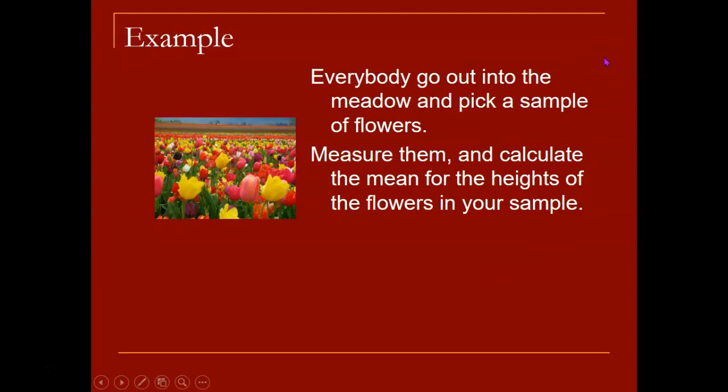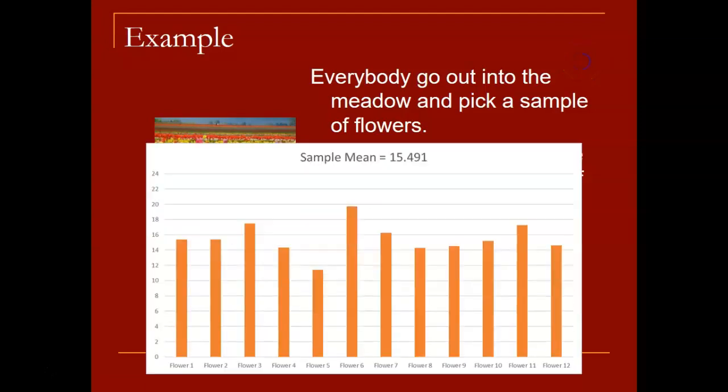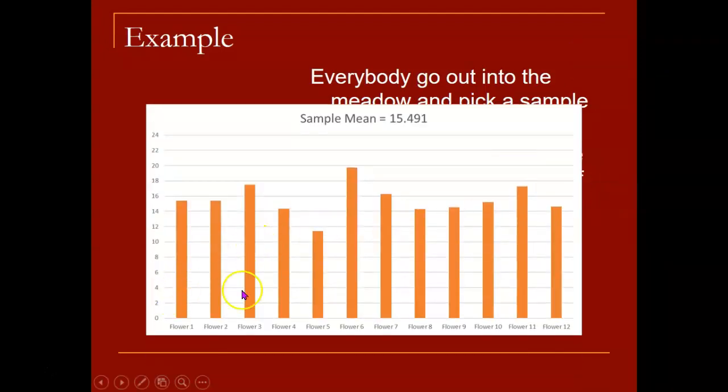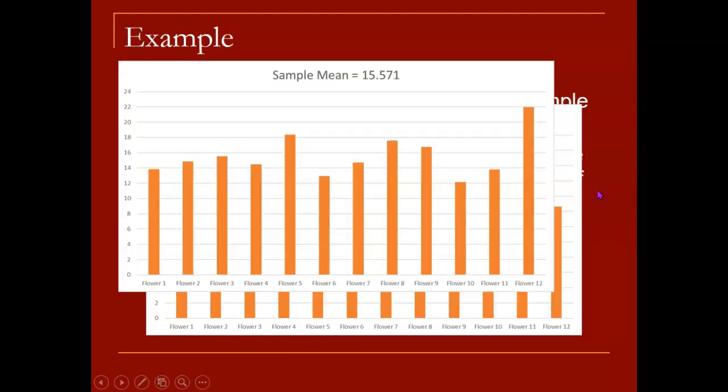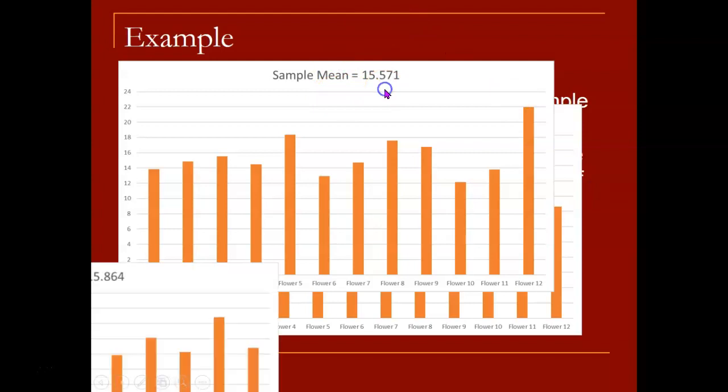So if everybody goes out and randomly selects a dozen flowers, a different dozen flowers for each person, maybe one person might get 12 flowers of various heights, but their average, their sample mean, turns out to be 15.491 inches tall. Another person gets 12 flowers with a sample mean of 15.571 inches.